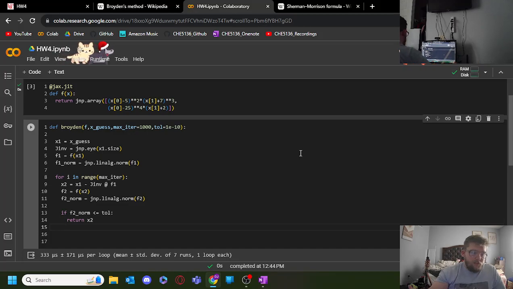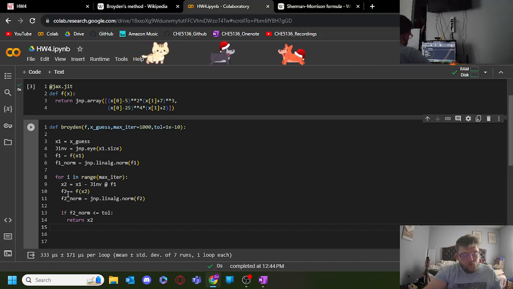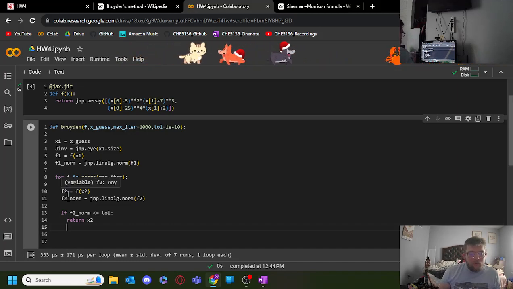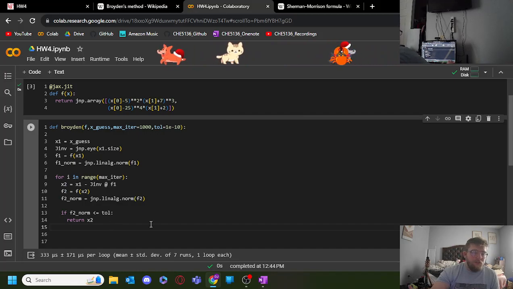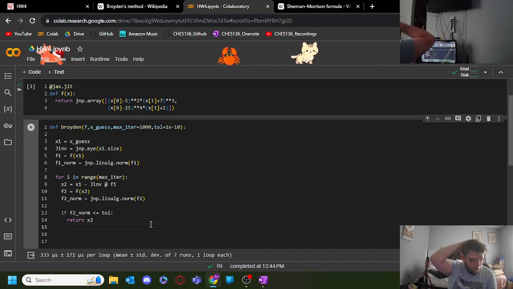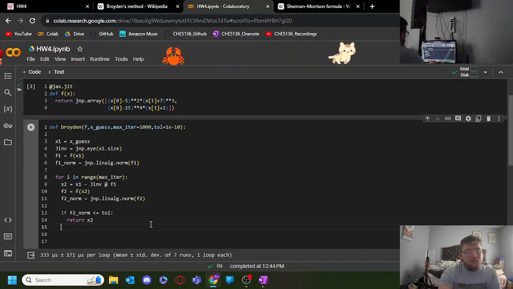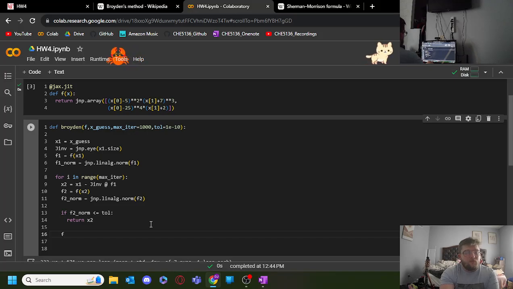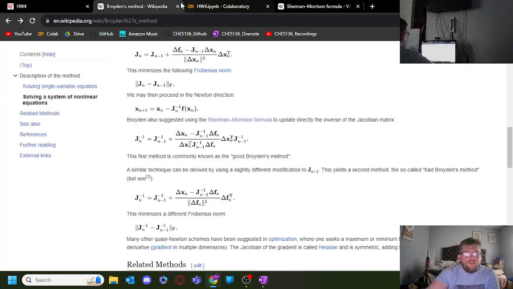The reason we want to do that is f2 is a vector of values. We want to combine those and get a result that we can check against our tolerance. So from here, next thing we can do is update our J inverse by using their equation.